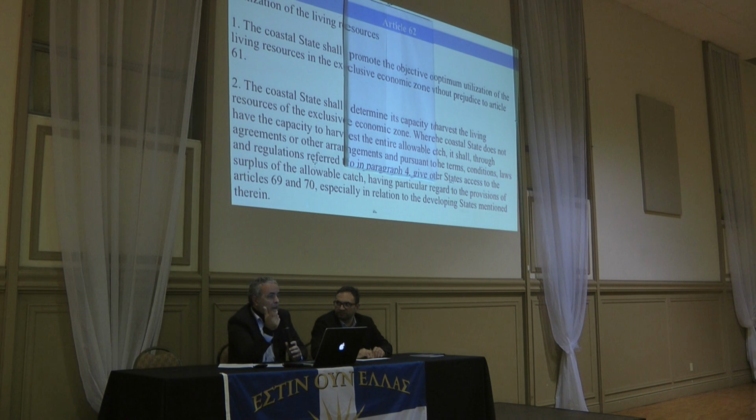But another problem is they are going to fish. How many? How many times? In fact, we have no way to stop them, because it's only in the declaration of the EEZ.